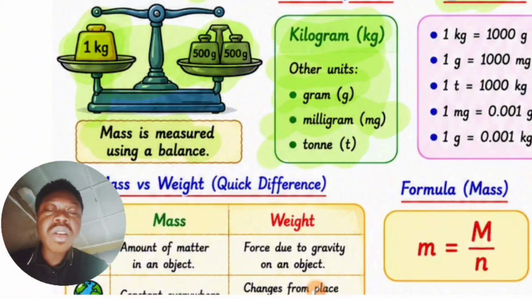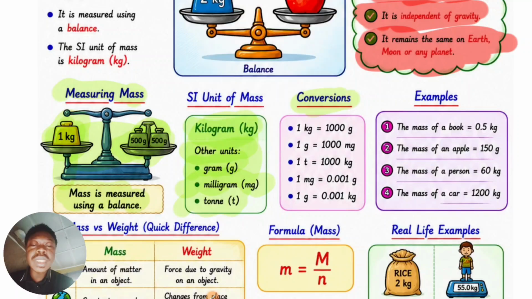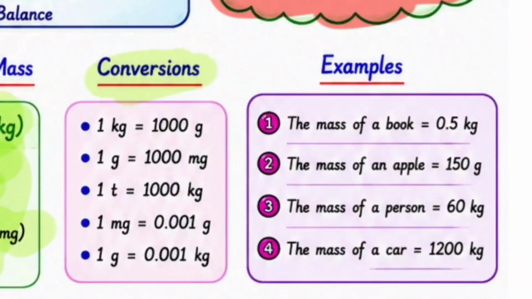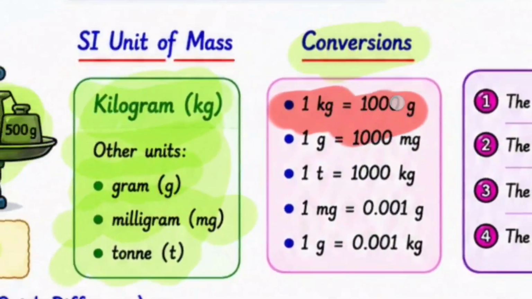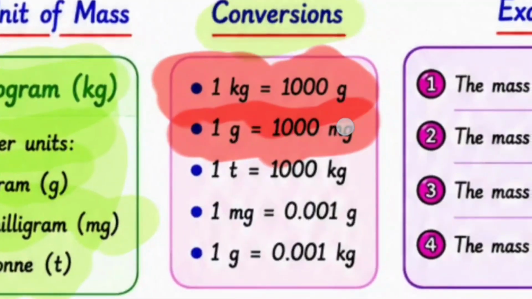Now, in conversion, you should know that when converting mass from one SI unit to another, these are what you must take note of. 1 kilogram will give you 1000 grams, and 1000 grams will give you 1 kilogram. Then 1 gram will give you 100 milligram, and 100 milligram will give you 1 gram.